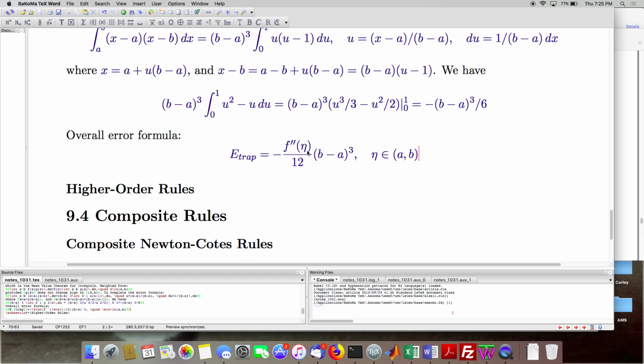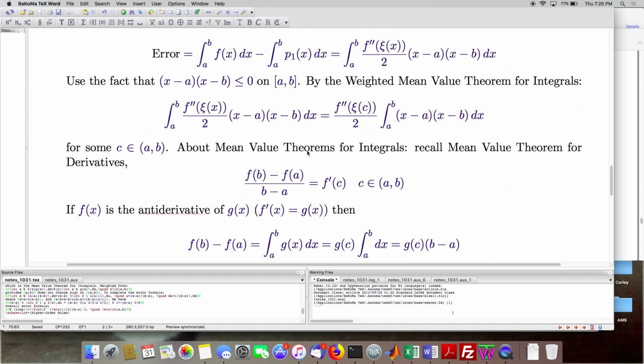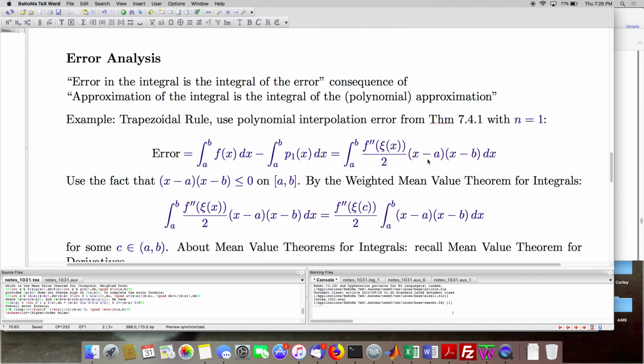The problem with the midpoint rule is that instead of x minus a times x minus b, I would have x minus m, where m is the midpoint. Well, x minus m does change sign on AB, so you cannot use the weighted mean value theorem for integrals directly. It can be worked around in a couple of different ways, and one of those ways is shown in the book, but it would take way too long to get into.